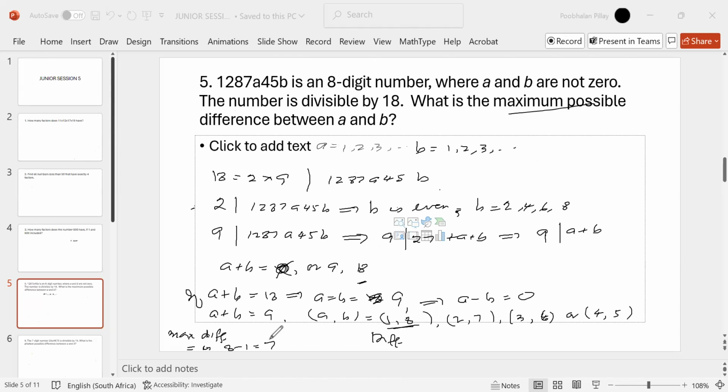Maximum difference is 7. That's 8 minus 1. And so the differences can be 0 or 5 or 3 or 1 or 7. And you want to know what is the maximum possible difference. Of those numbers, 7 is the largest. So the answer to this problem here is 7.